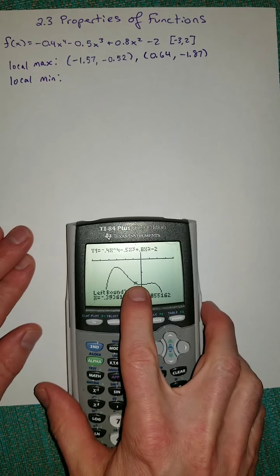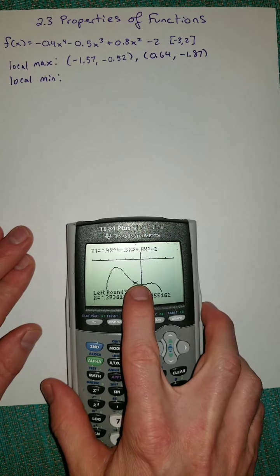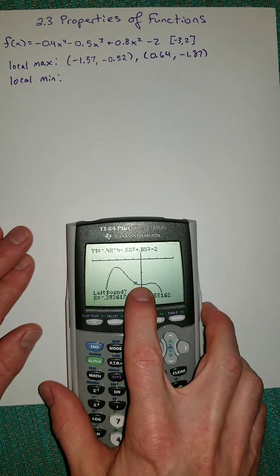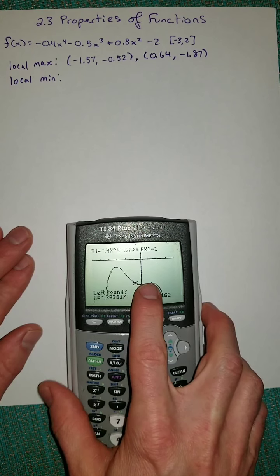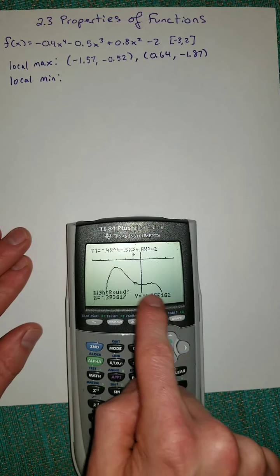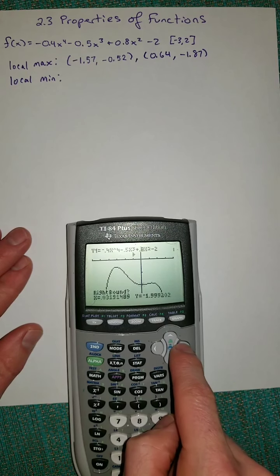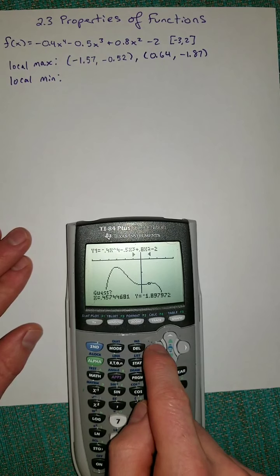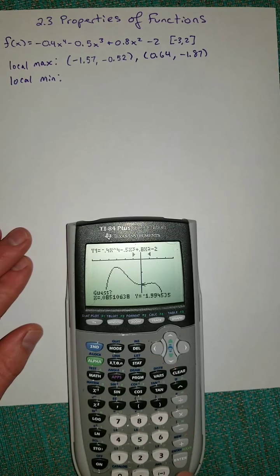Now I don't know exactly where in here that minimum is, but I'm assuming it's on that horizontal part. It looks horizontal on my graph, but it's not actually. It kind of dips in there. So I'm going to hit enter, and then I'm going to go across the other side. Hit enter, and then a guess. So I just put the cursor somewhere in there.